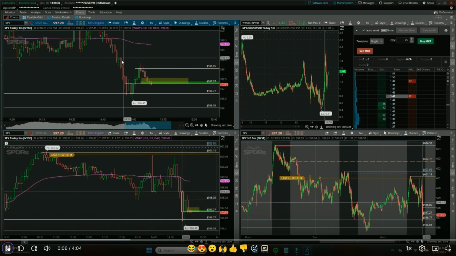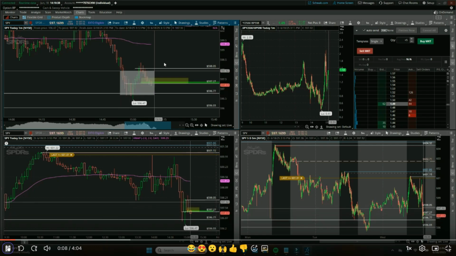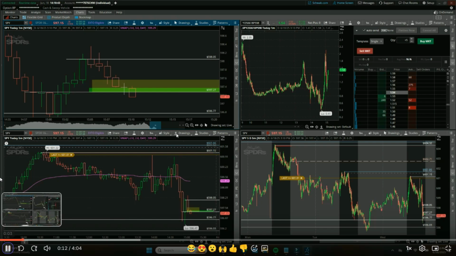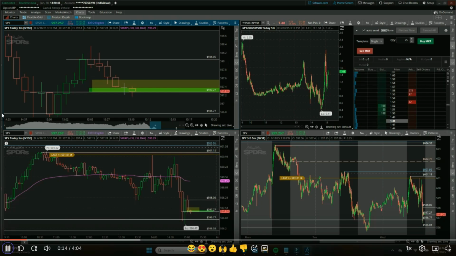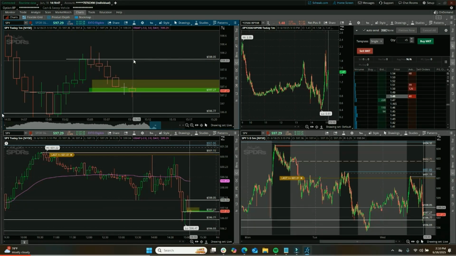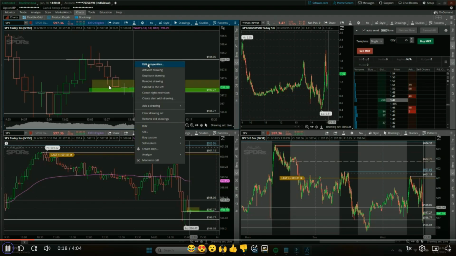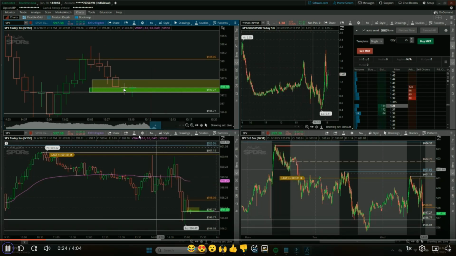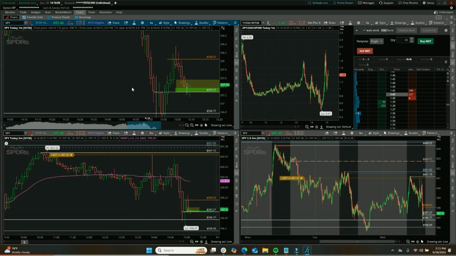Now I went kind of conservative on how I, I guess I saw this, right? So another trader could have called this the zone candle and this the reversal candle, and this would be the confirmation candle.